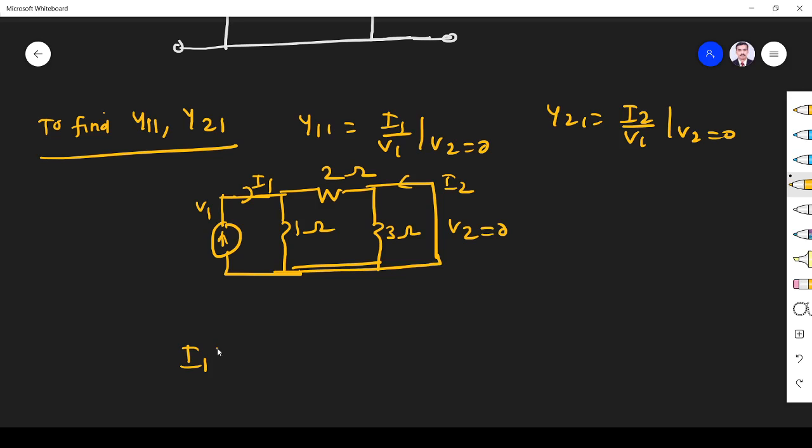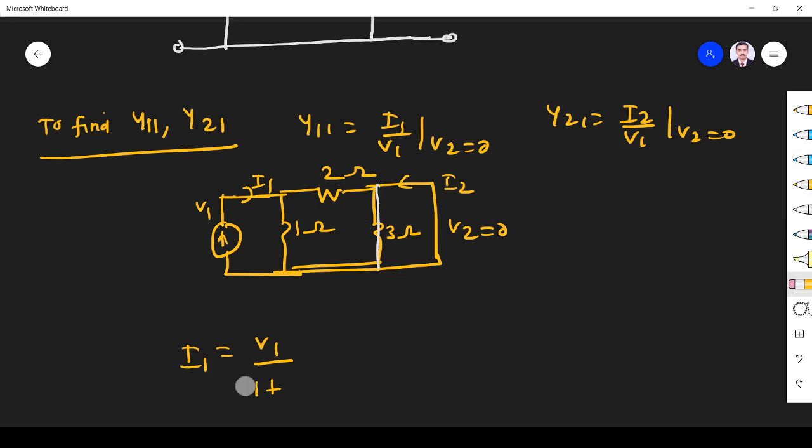Current from the current source. I is nothing but V by R, V1 by R1. What is that? This 1 ohm is in parallel with, this is a short. If these 3 ohm and the short are there, it will become a short circuit. So it will simply become like this.